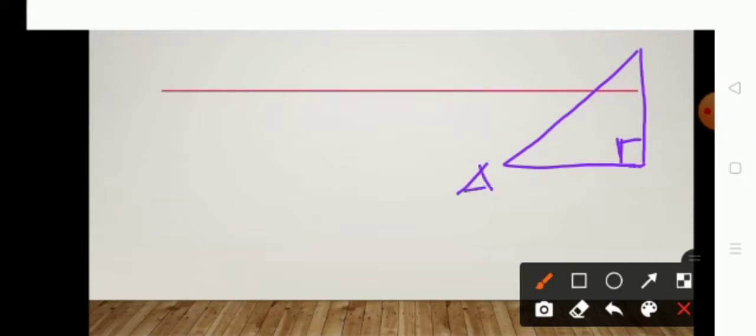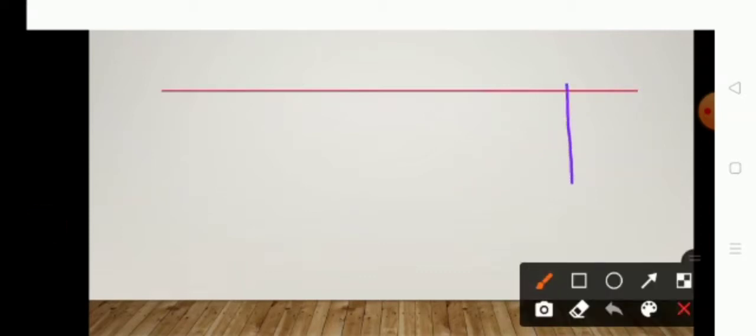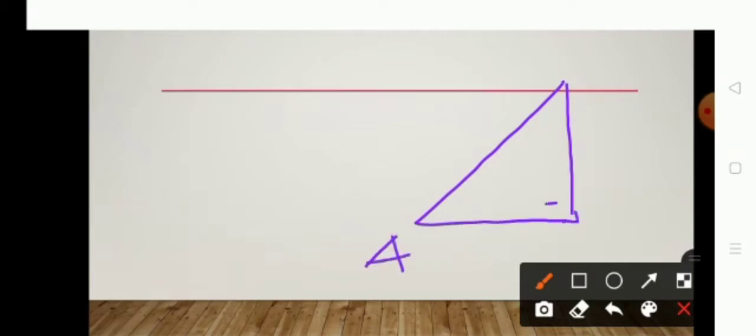This is A. This is B, 90 degrees, and this is C. Now you see, if we take a point P on the hypotenuse AC.